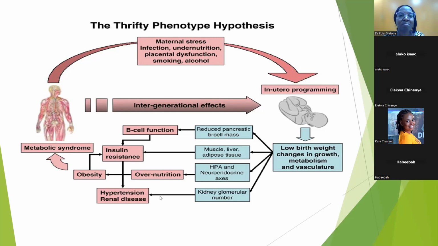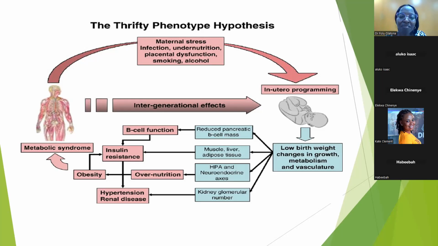In fact, the Baker's theory states that the organ that is affected, this thrifty phenotype, is related to Baker's theory. So that's how I'm combining them.